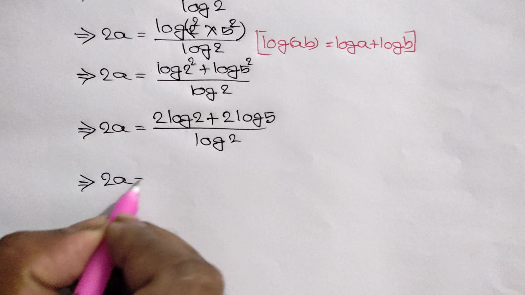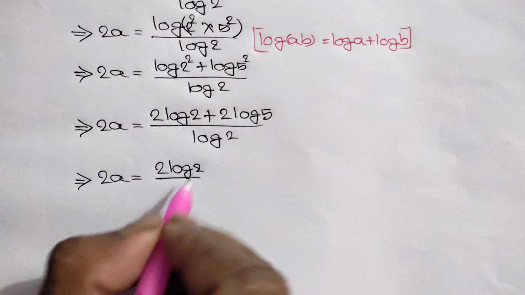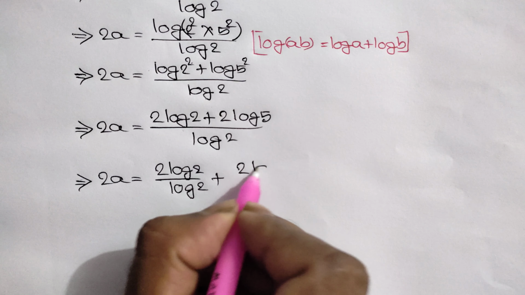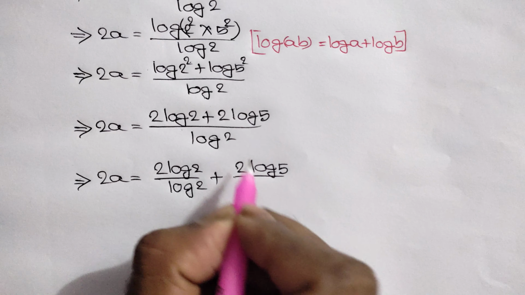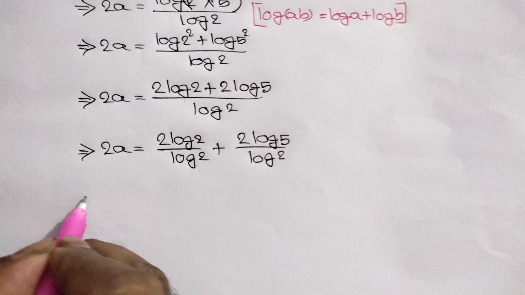Or 2a is equal to 2 times log of 2 over log of 2 plus 2 times log of 5 over log of 2.